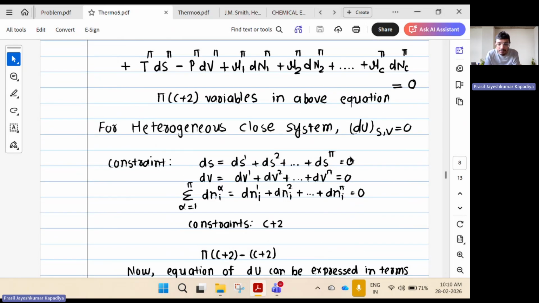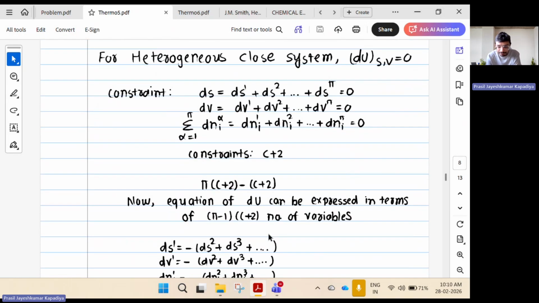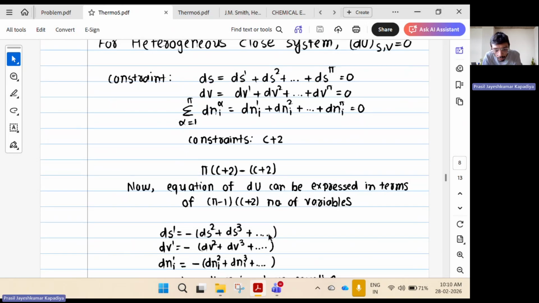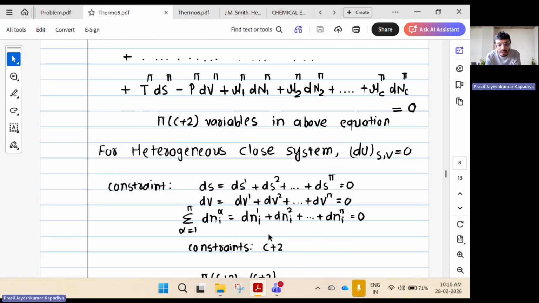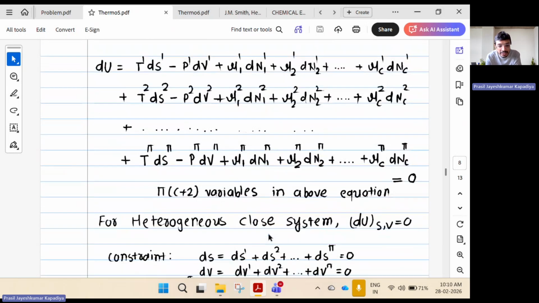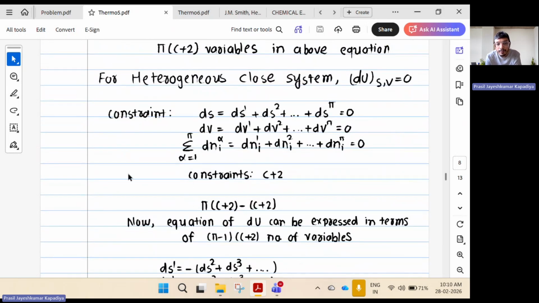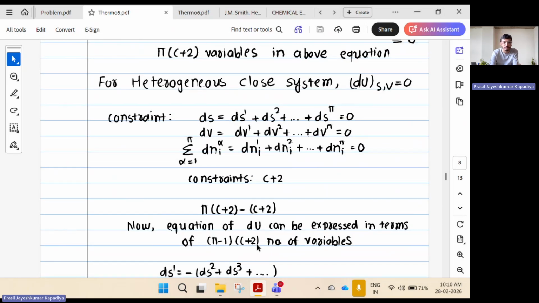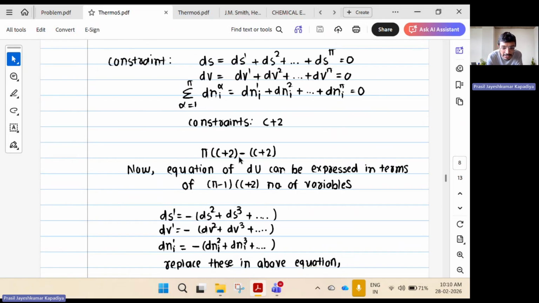So how many independent variables should we have? We should have pi into (C plus 2) minus (C plus 2). So we can express the equation of dU not in terms of pi into (C plus 2) variables, but (pi minus 1) into (C plus 2) variables. Why is there pi minus 1?